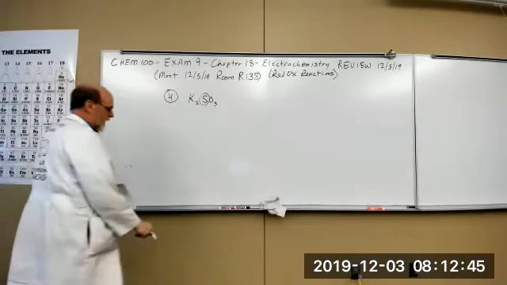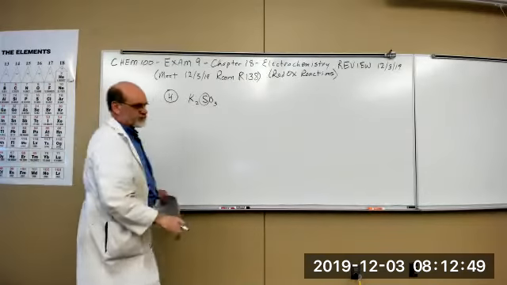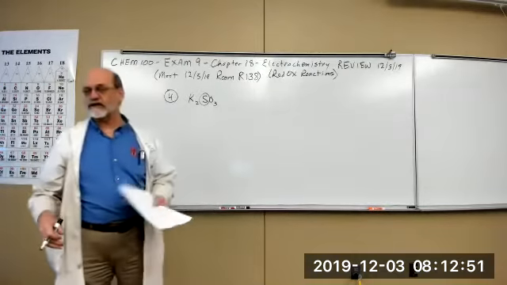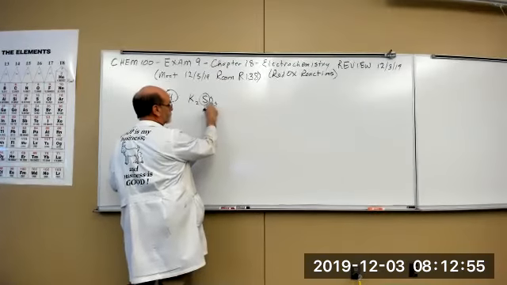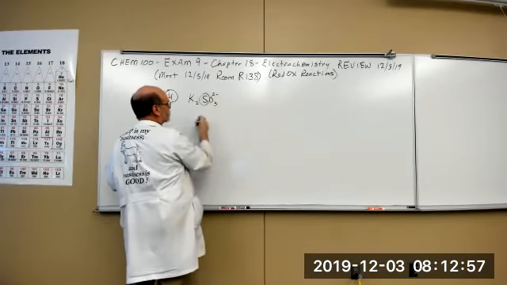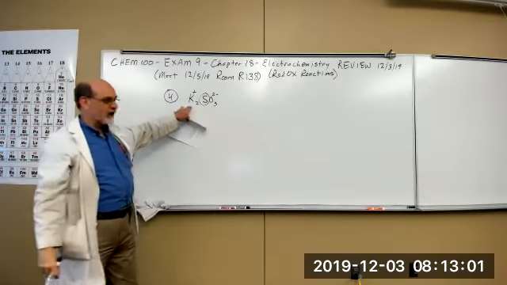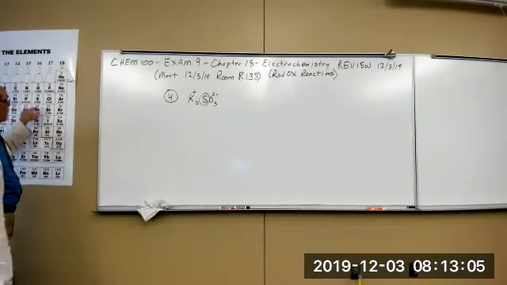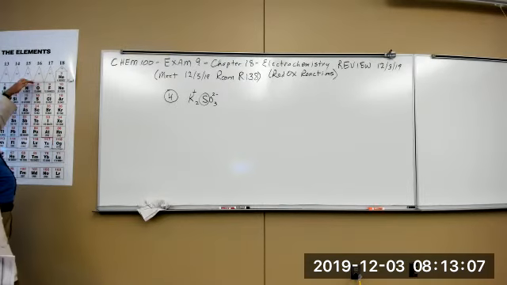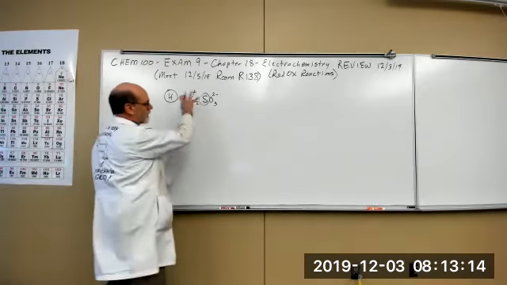So in order to do that, we have to have some assumed oxidation states for the other elements. And oxygen is always 2 minus, and potassium is always 1 plus. It's an alkali metal, and oxygen, being a chalcogen, is taken as 2 minus, but that leaves sulfur free to be calculated.